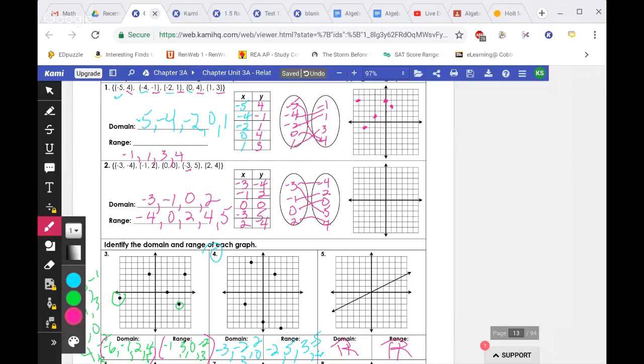And then to plot those, 1, 2, 3, 1, 2, 3, 4. -1, and then up 2. 0, 0, the good old origin. Then 1, 2, 3. 1, 2, -3, 5. And 2, 4.